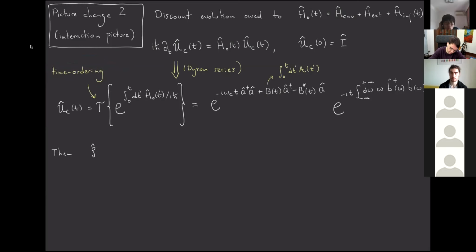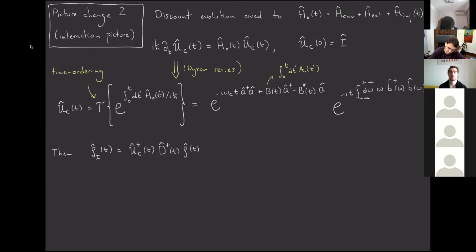the state in the interaction picture, which is nothing but discounting this evolution from the previous picture that we come from. So I write it in terms of the original one. So we already discounted a displacement.